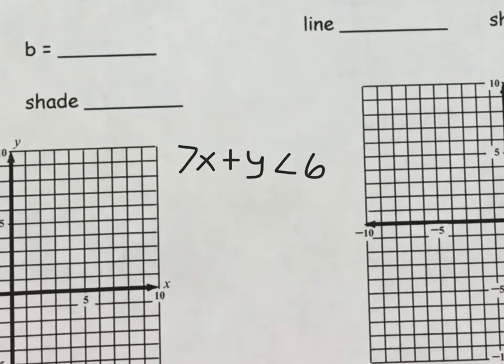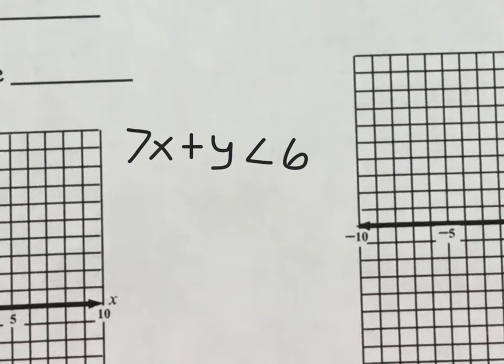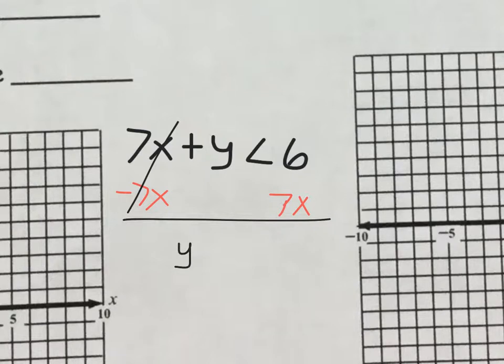All right, cool. So now the first thing we're going to do is get this into y equals mx plus b. First we're going to subtract the 7x on both sides. That gives you 1y by itself. Because this is positive, I don't need to put a negative or a plus sign. I can just leave it like that. Is less than -7x.